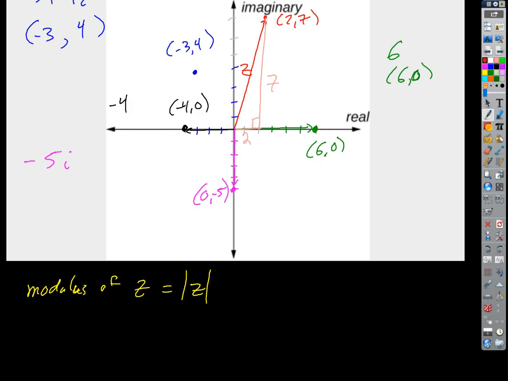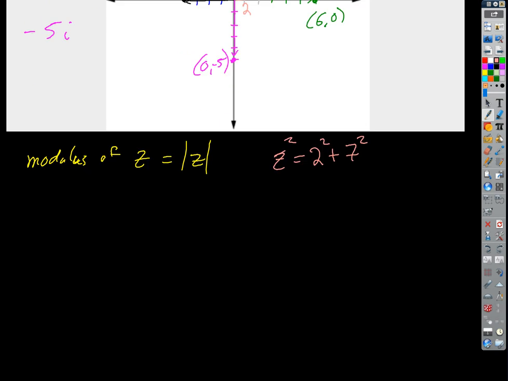We just have the equation z squared equals 2 squared plus 7 squared, right? If I want to solve for z and it's being squared, how do I undo squared?